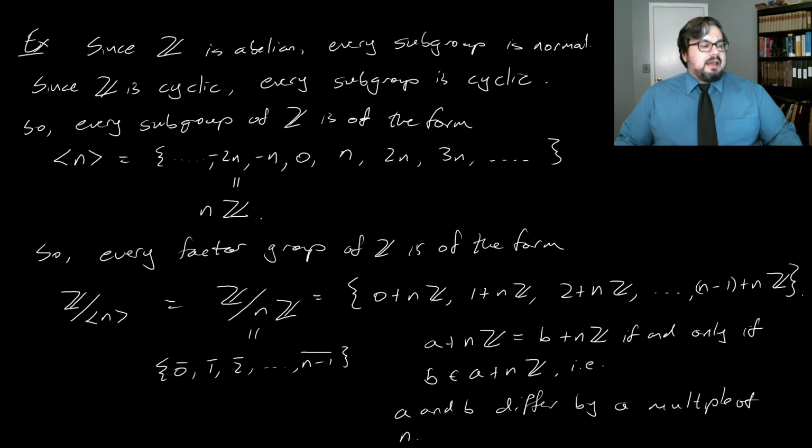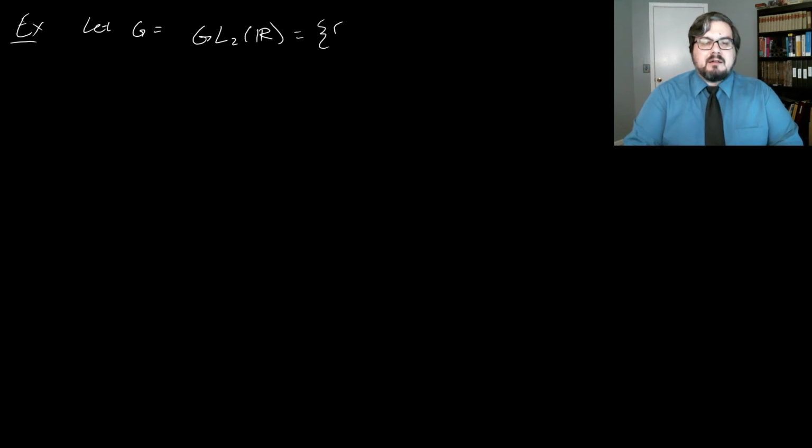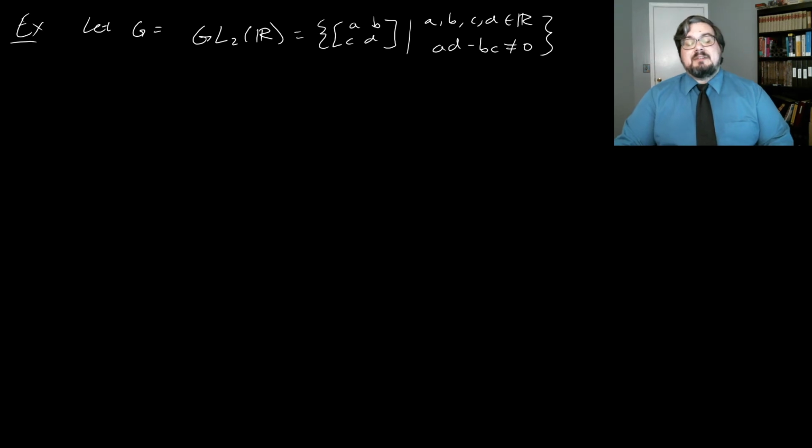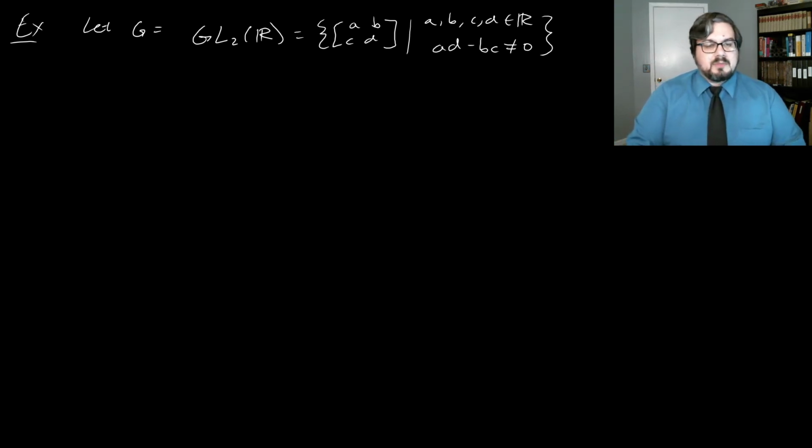All right, let's look at a non-abelian situation. So let's let G be the group GL2(R). And remember, this is the set of 2 by 2 matrices where each of the entries are real numbers and the determinant is non-zero. Or in other words, it's the set of invertible 2 by 2 matrices. We have that G is a group under matrix multiplication.